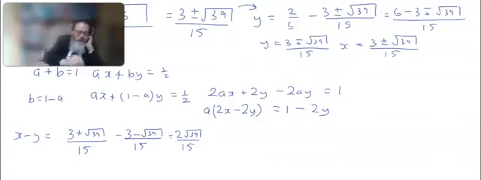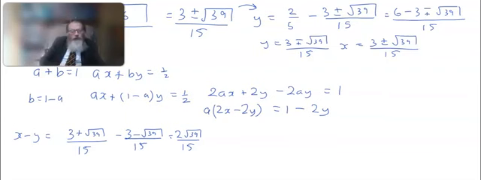And if we look in the bottom corner, we can see that x minus y comes out to 2 root 39 upon 15. If I choose the plus version of x and the minus version of y, so long as I can choose two that go together, I should be okay.